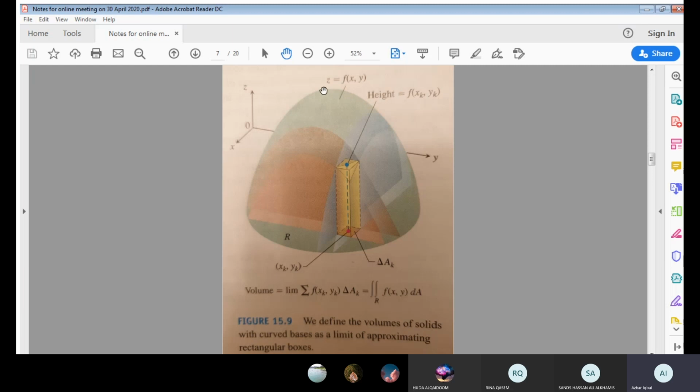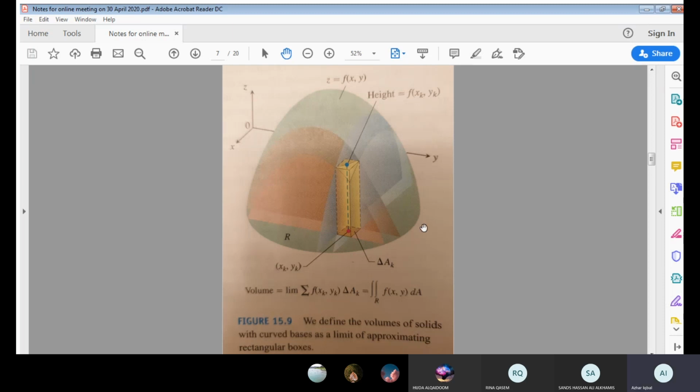You can say this is the solid object in 3 dimensions which is confined between the region in the xy plane and, from above, bounded by a three-dimensional surface constructed over this region in the xy plane.